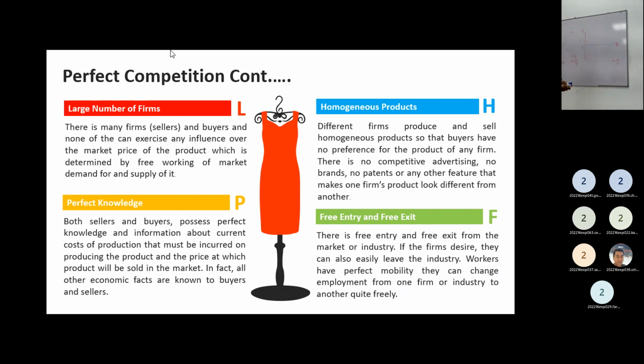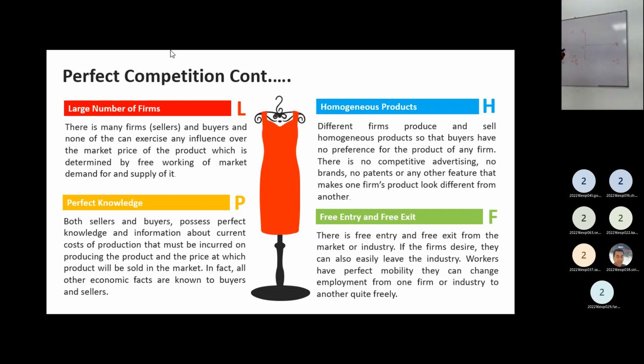And the other one is homogeneous. Homogeneous means what? The product is almost the same, identical. What I sell is 100% equal to what he sells. Clear? If you look at these vegetables, the same thing happens. Right? Fruits also, the same thing happens, assuming that they are all of good quality.